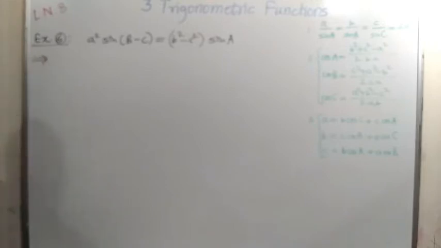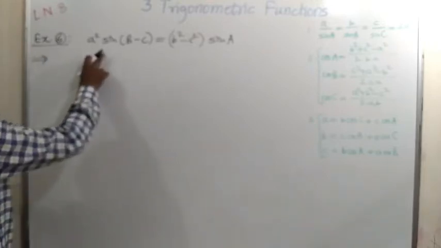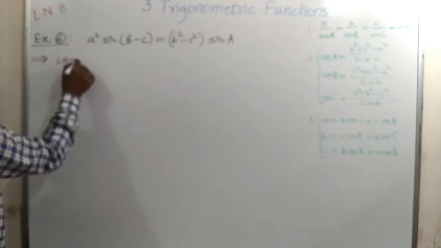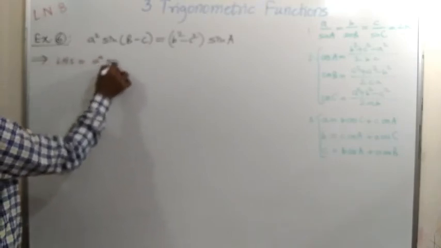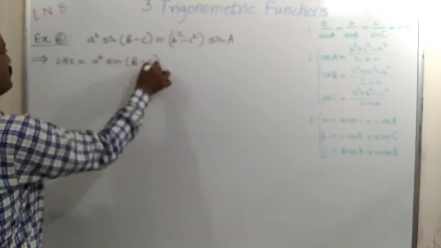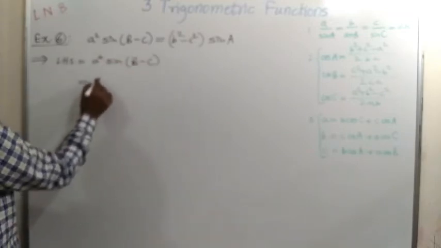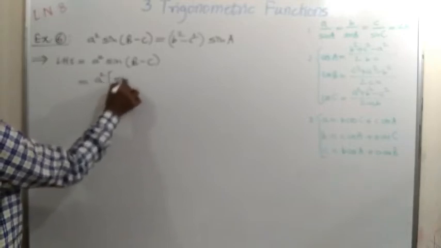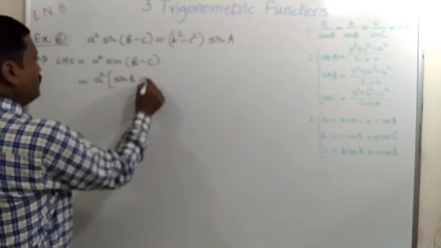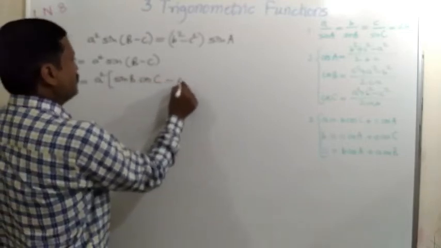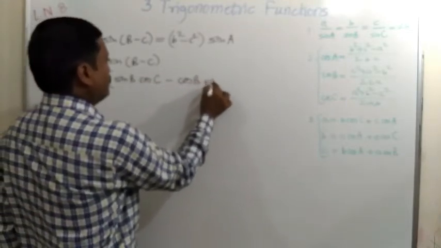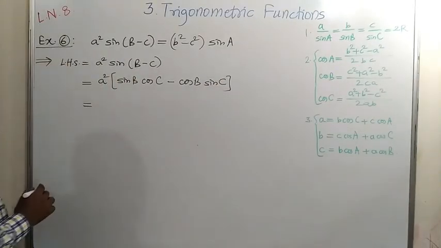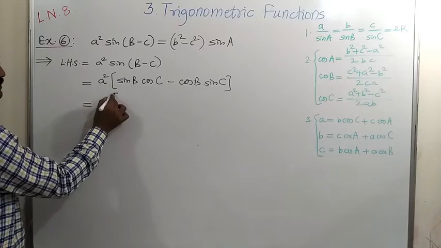Let us see the solution. Here, take LHS, is equal to A square into sine of B minus C, and it is equal to A square, sine of B minus C is sine B cos C minus cos B sin C. It is equal to A square in bracket.